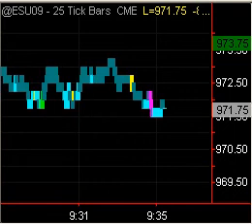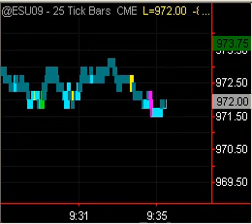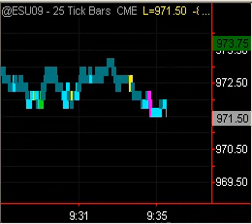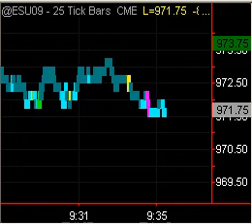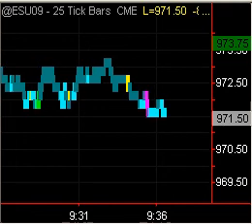We run calculations on a separate group of charts and then feed that data to our trading screen, which shows up in this case with different colored bars based on what the calculations show us at the time.